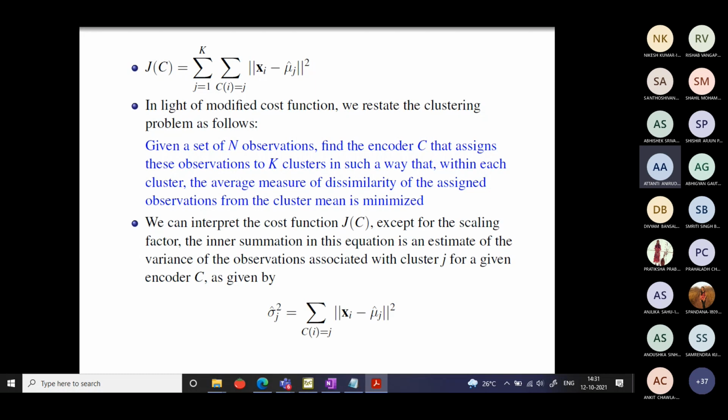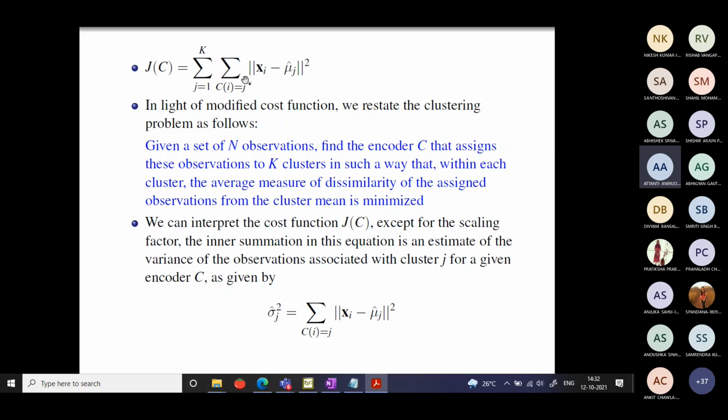Now, what we also have to see here is that it is a square, and if you remember, this minus this is like a mean square. We can interpret this entire cost function for a scaling factor. If I include a scaling factor again, it will come.